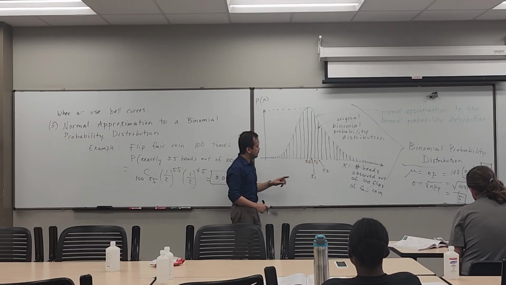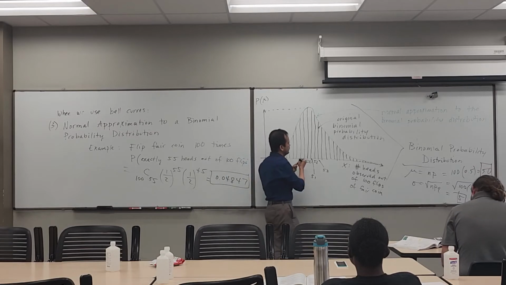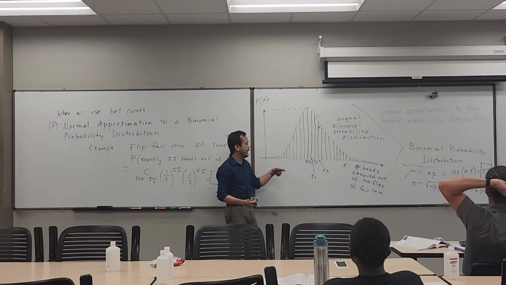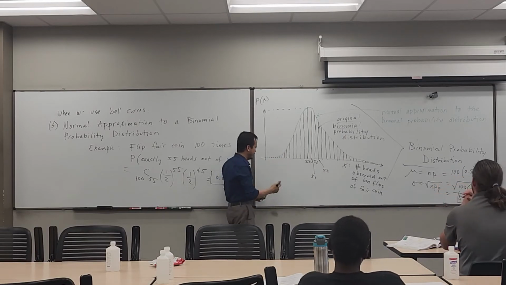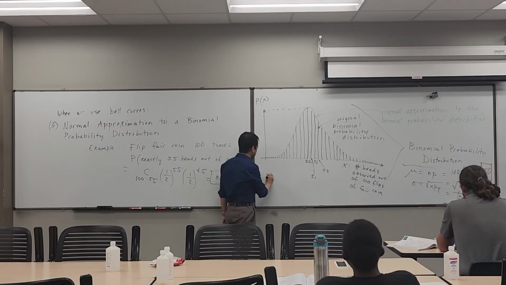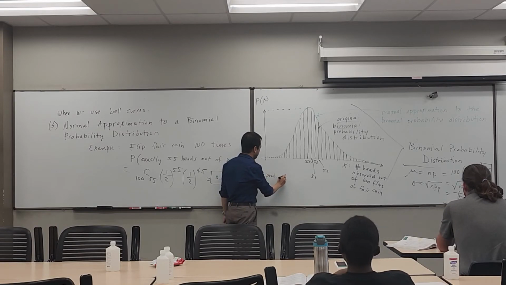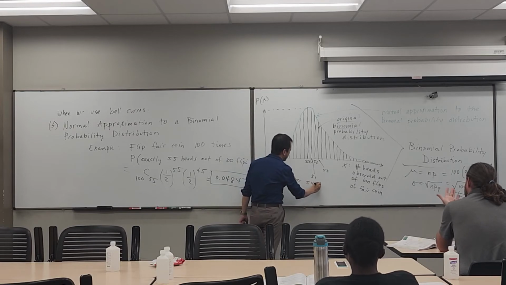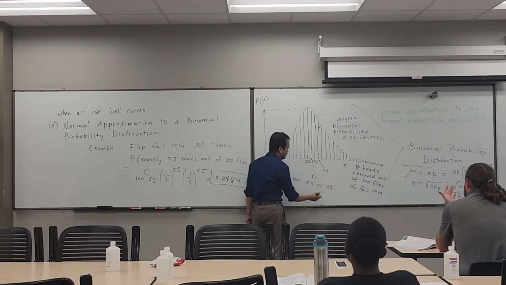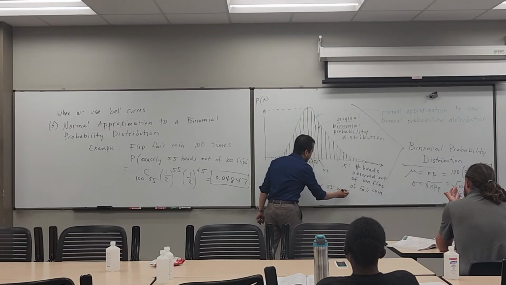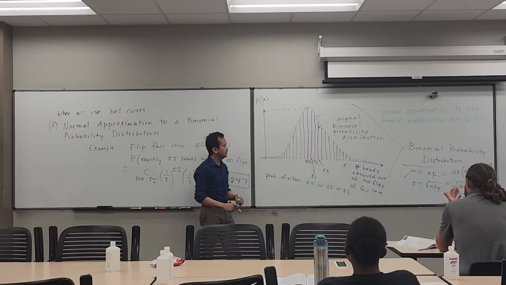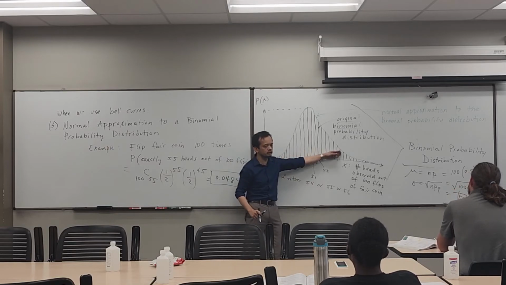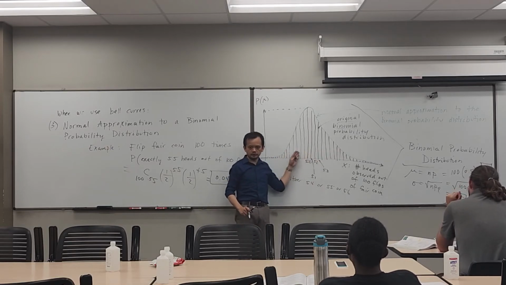So if we're looking at just the original binomial distribution with the gaps, how would you find probabilities? If I were to ask, what's the probability of either 54 or 55 heads, or 56 heads, how would I find the probability if I were to use the original distribution in black?